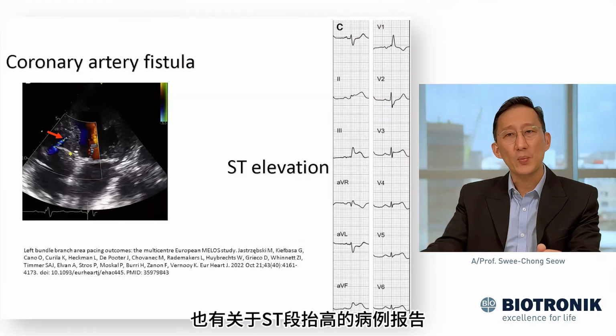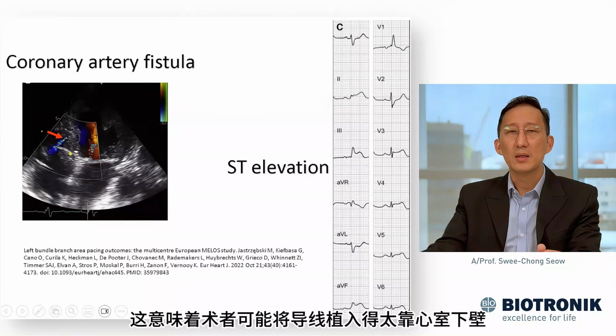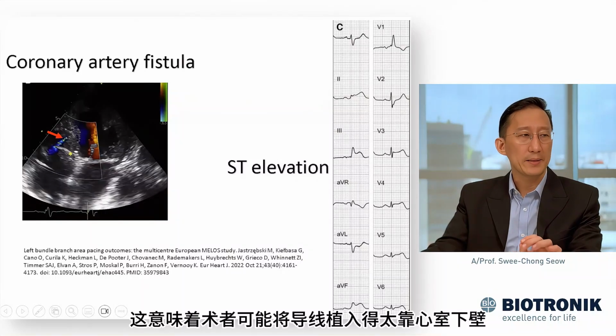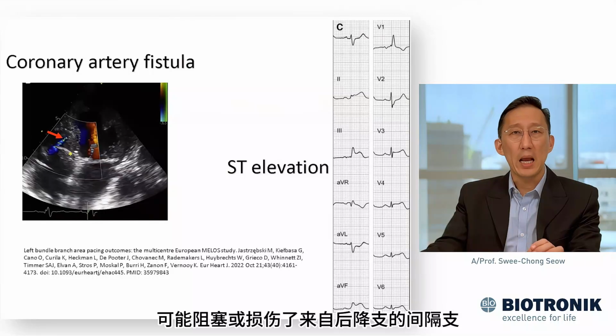There were also case reports of ST elevation, and you can see that the ST elevation occurred in the inferior leads, which means that probably the operator had implanted the lead too far towards the inferior wall and probably occluded or damaged one of the perforators that come through from the posterior descending artery.